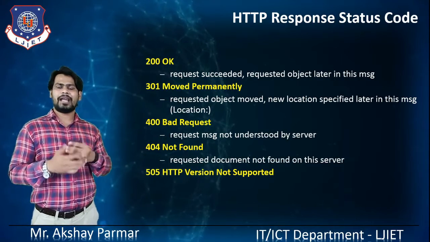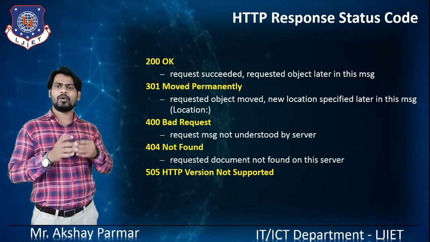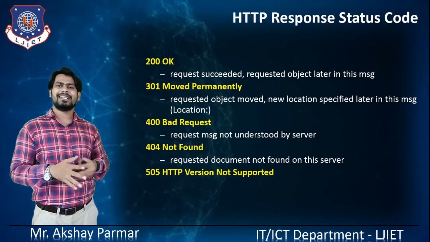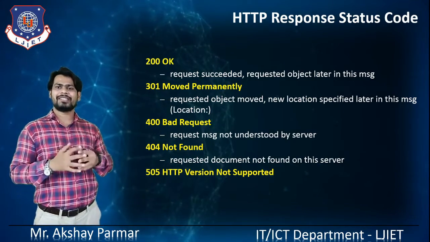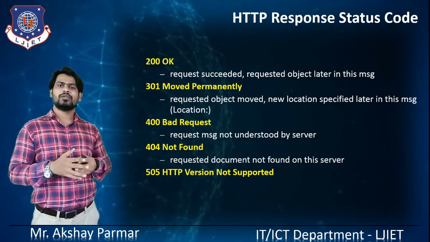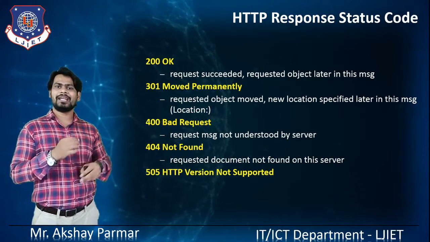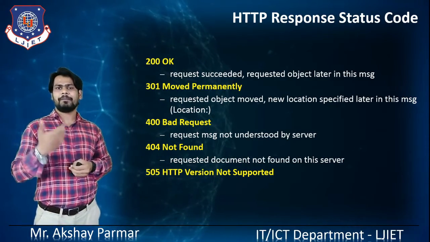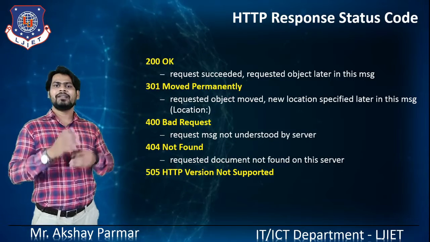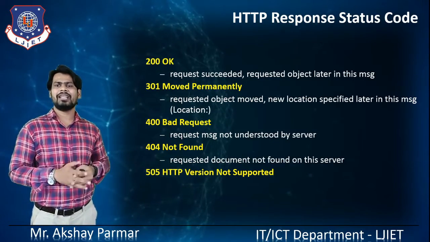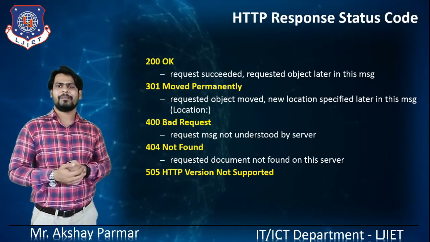If you have a 301 Moved Permanently, it indicates that the requested object has moved to a new location specified later in this message, which is in the Location header field.